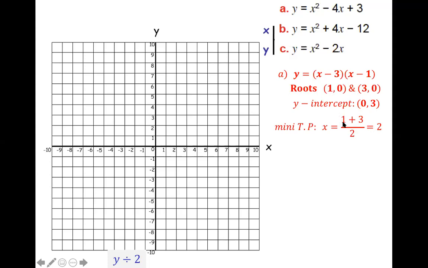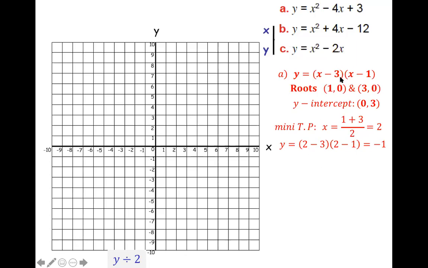So 3 and 1 divided by 2 gives me 2, because x equals 2 would be my axis of symmetry. And when x equals 2, you substitute x equals 2. You can do it here, where y is in this factorized form. You can do it as well in the original one.